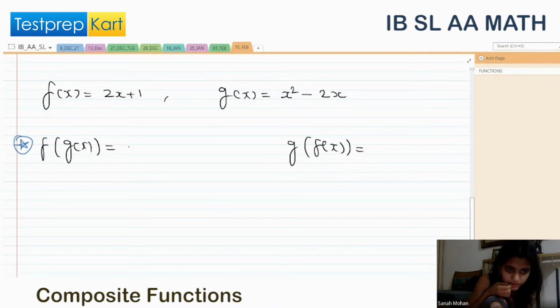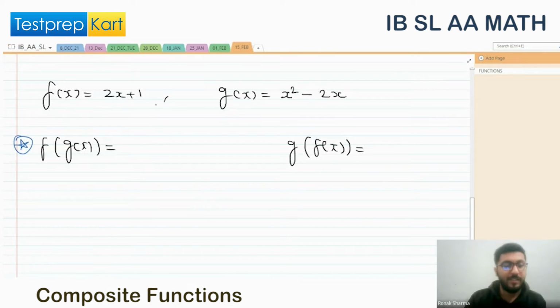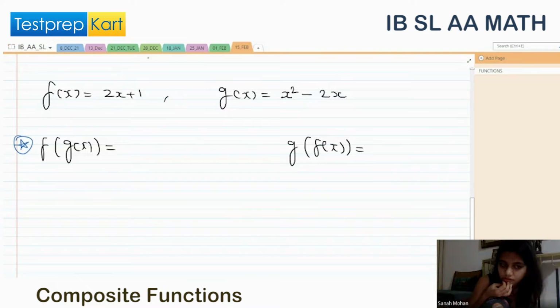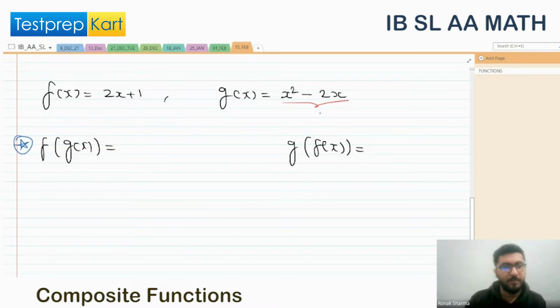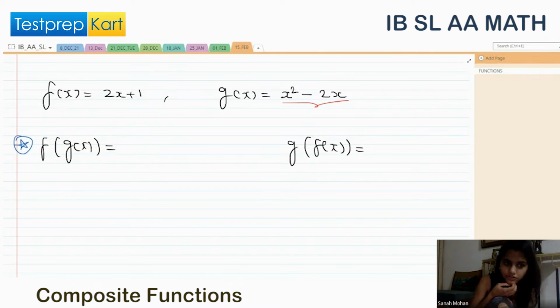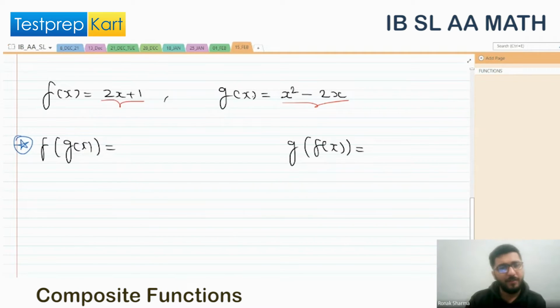You tell me exactly what I should substitute and where. I should substitute the x squared minus 2x, which is g of x itself, in place of x in the function fx.